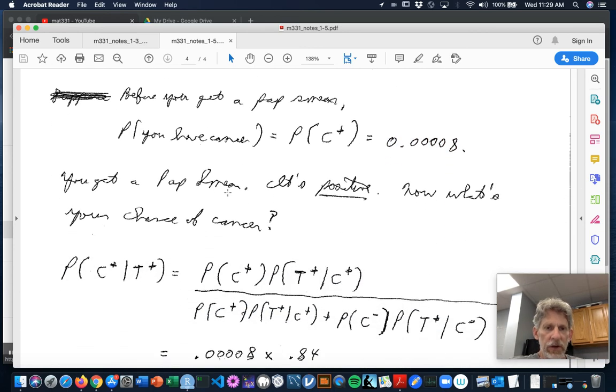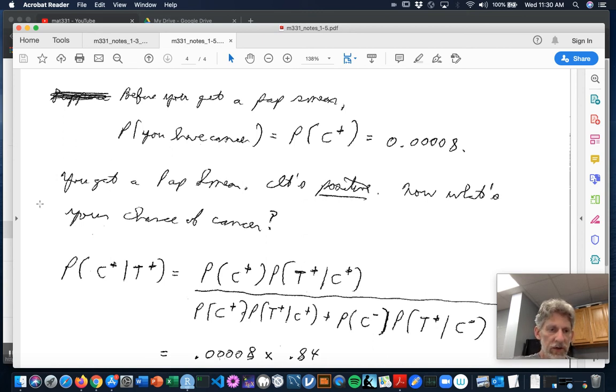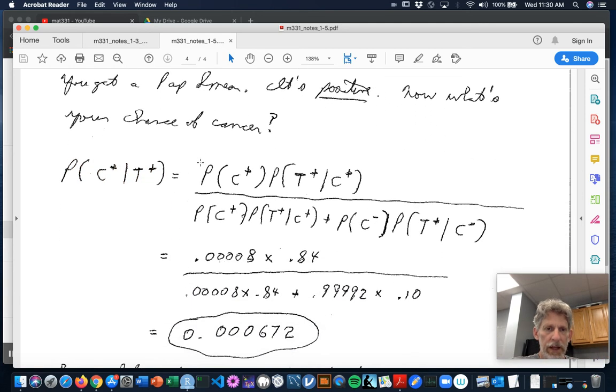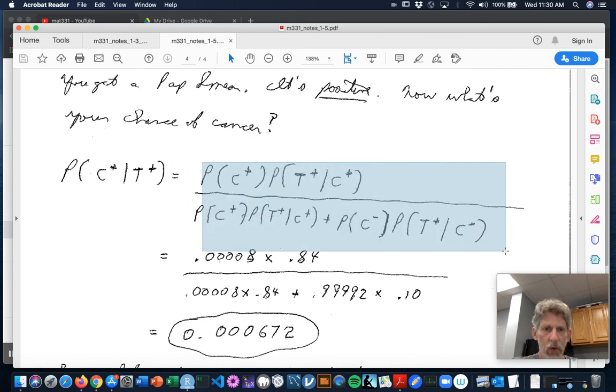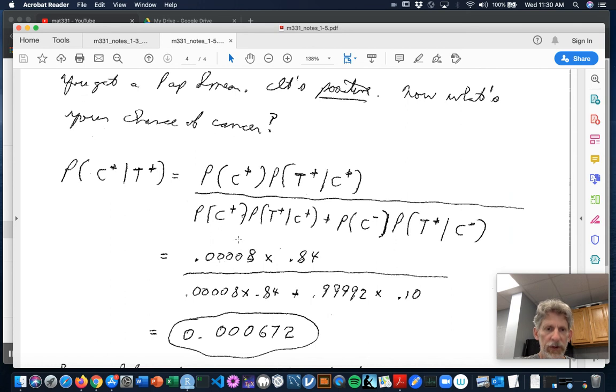Now, say you get your pap smear and it comes back positive. What's your posterior probability for having breast cancer? What is the probability of C plus given T plus? Applying Bayes' theorem, it's all of this, and we just fill in the numbers that we know.